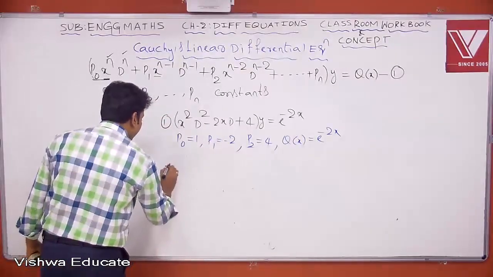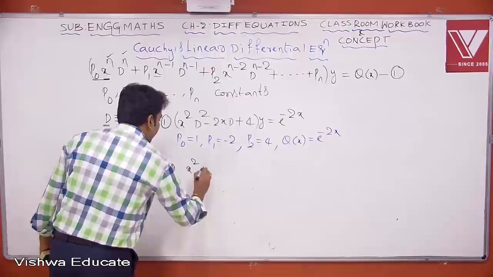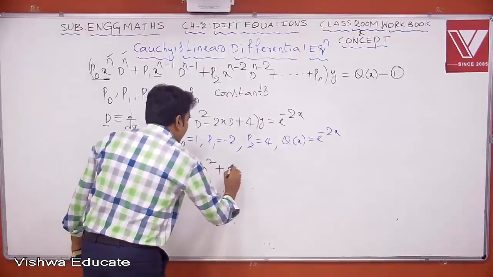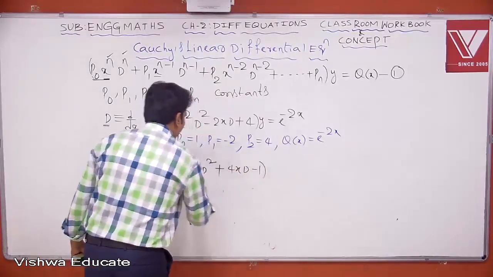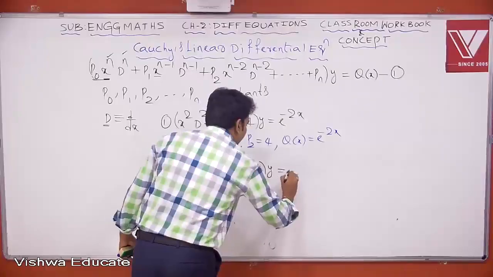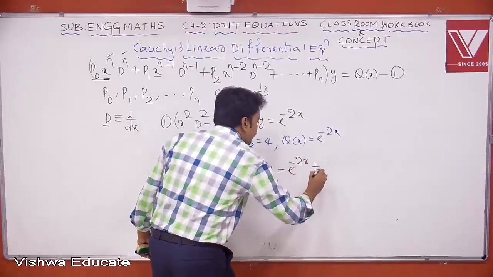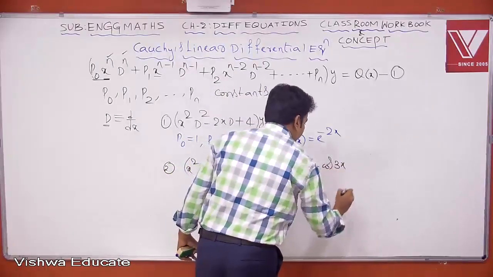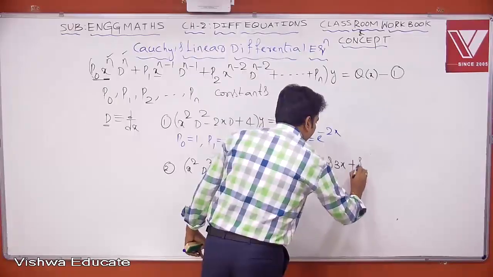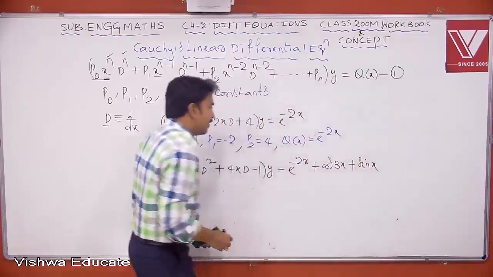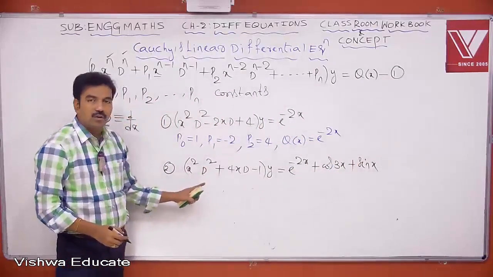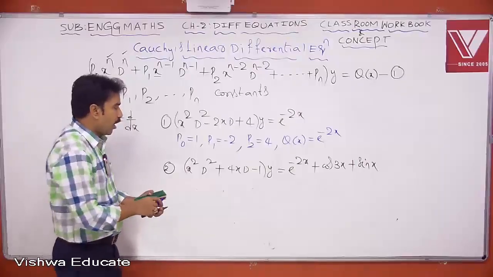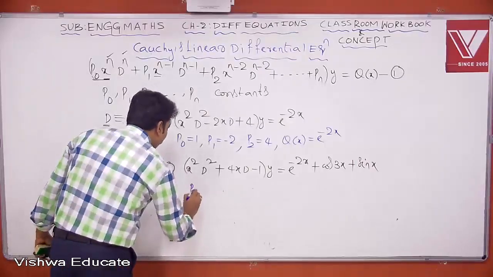Now I will consider another equation. The equation is like this: x square d square plus 4xd minus 1 of y equal to, for example, e power minus 2x plus cos 3x plus, for example, sin x. So even this is also called a second order Cauchy's linear equation. Now in this case, what is P naught?